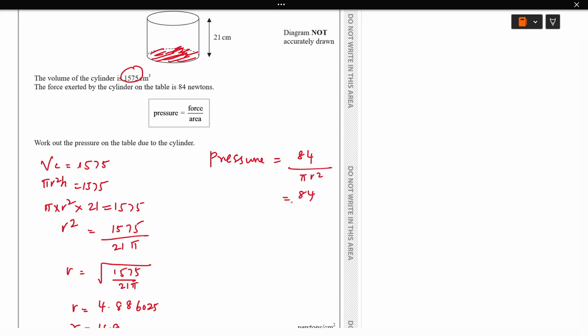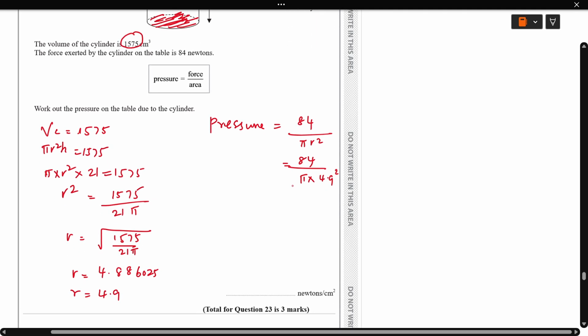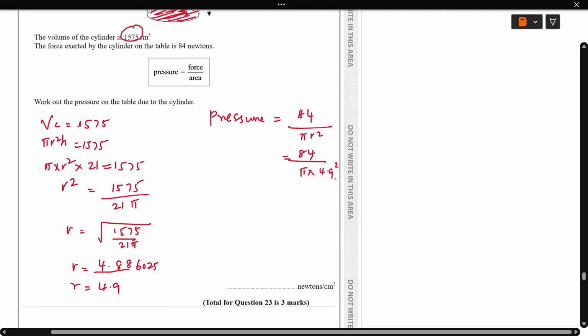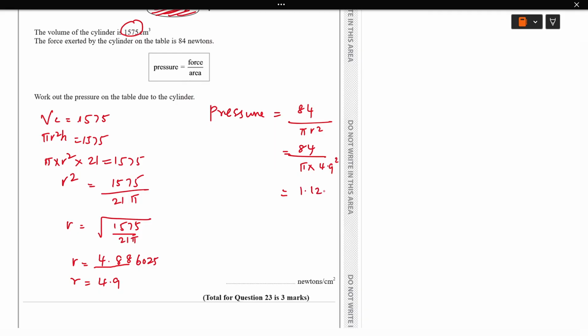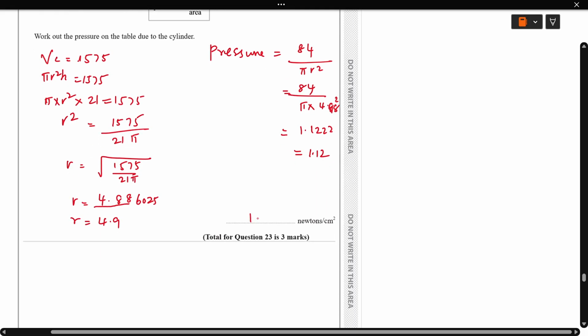So 84 over pi into 4.9 square, or I can write 4.88 or 4.89, that's also fine. It's approximately 1.122 something, so approximately 1.12. So the answer is 1.12.